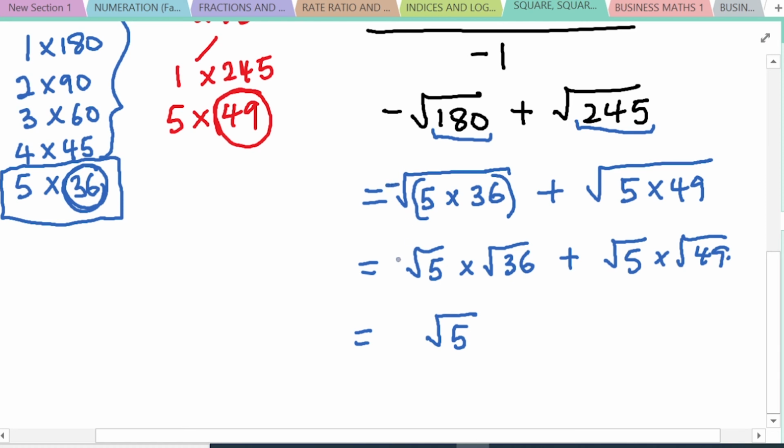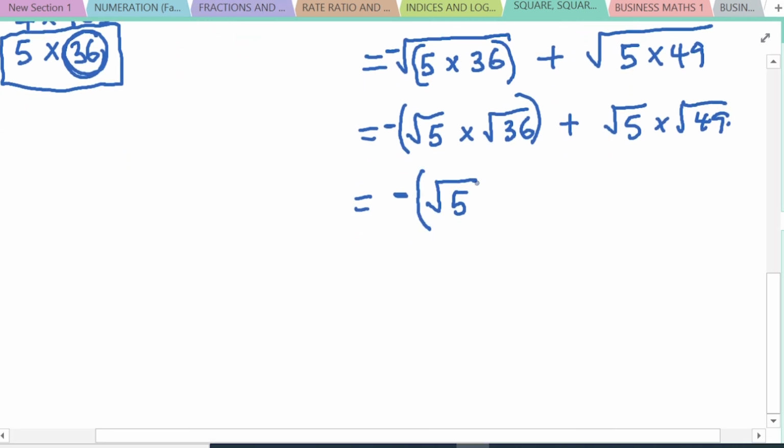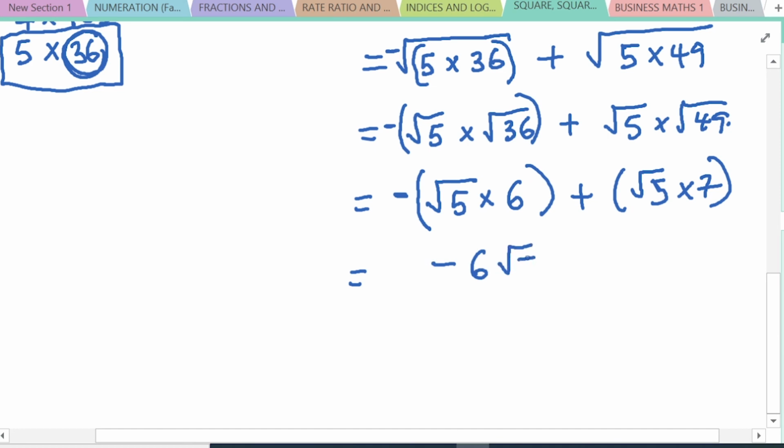So it's still very alive in here. That's going to become negative root of 5 times root of 36, which is 6, and that's going to be plus root of 5 times 7. So definitely this is going to become negative 6 root of 5, plus 7 root of 5.